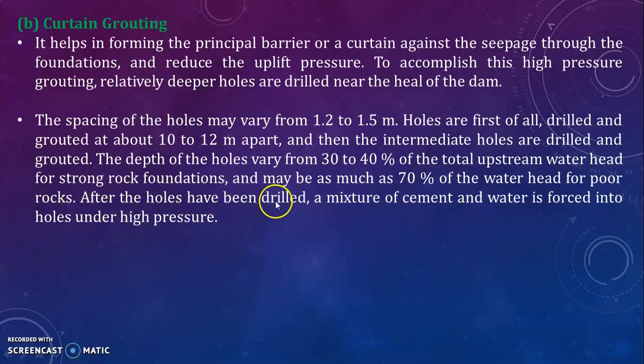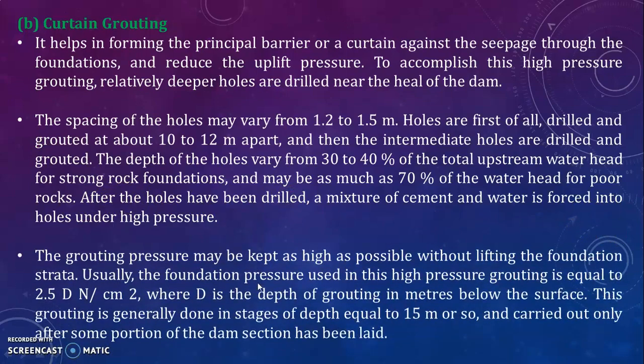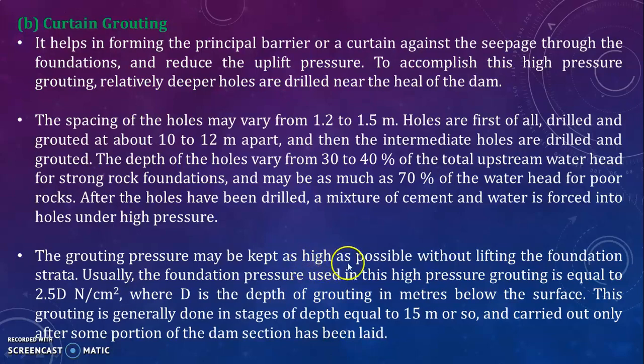After the holes have been drilled, a mixture of cement and water is forced into the holes under high pressure. The grouting pressure may be kept as high as possible without lifting the foundation strata.